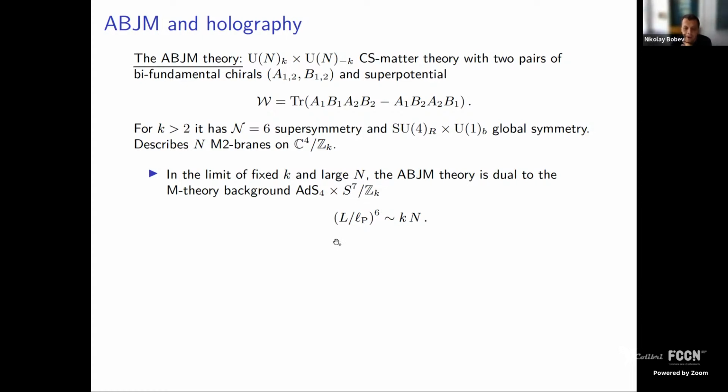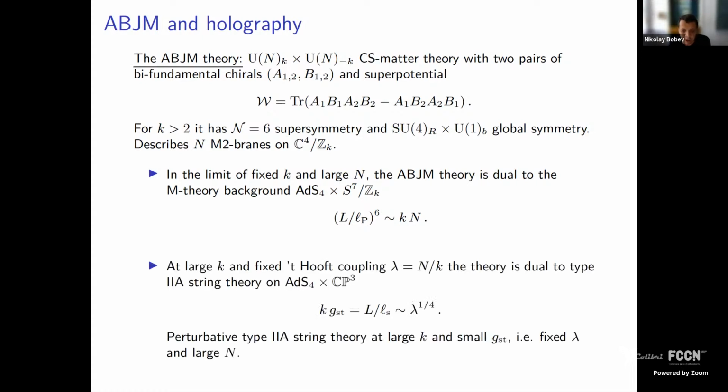The mapping of the parameters: we have two dimensionful quantities in 11 dimensions, the 11-dimensional Planck scale and the scale of AdS, big L, and they're related to k and n in this way. I'm skipping over factors of 2 and pi, just giving you a flavor of how things are scaled.